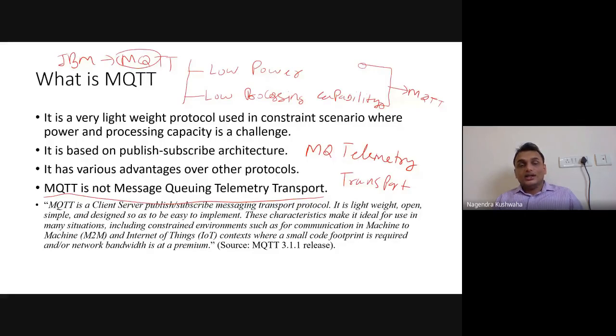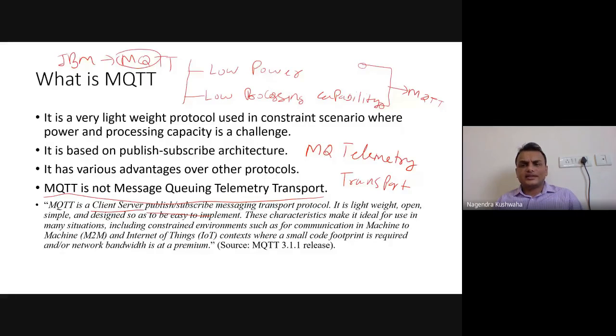Just see, it is a client server publish subscribe messaging protocol. So just see, it has two terms: client server and publish and subscribe, right? When we really do that experiment, we will see the significance of client server and publish and subscribe.